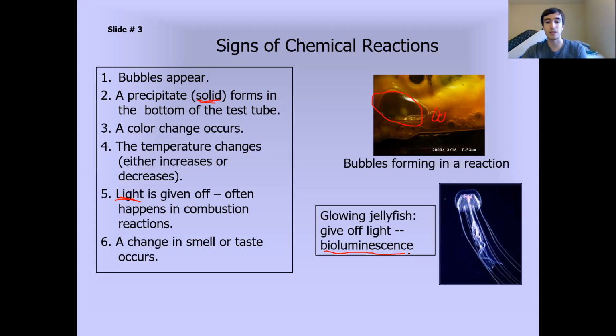So this is what happens in some jellyfish and some algae, and also fireflies do this too, where they give off light inside of their cells due to their cells causing a chemical reaction to happen, usually using some sort of enzyme that releases light as part of the reaction. So all 6 of these are signs that a chemical reaction is occurring in your matter, in your substance.